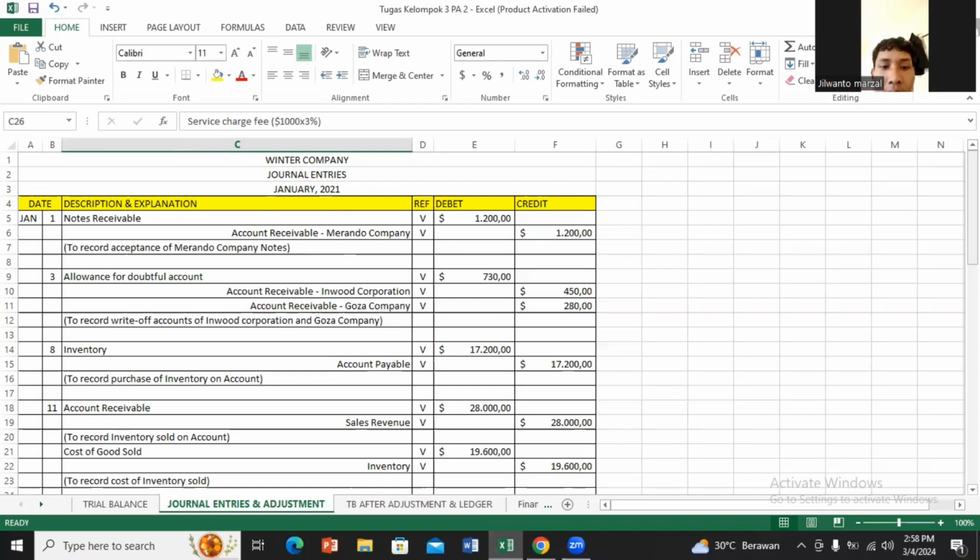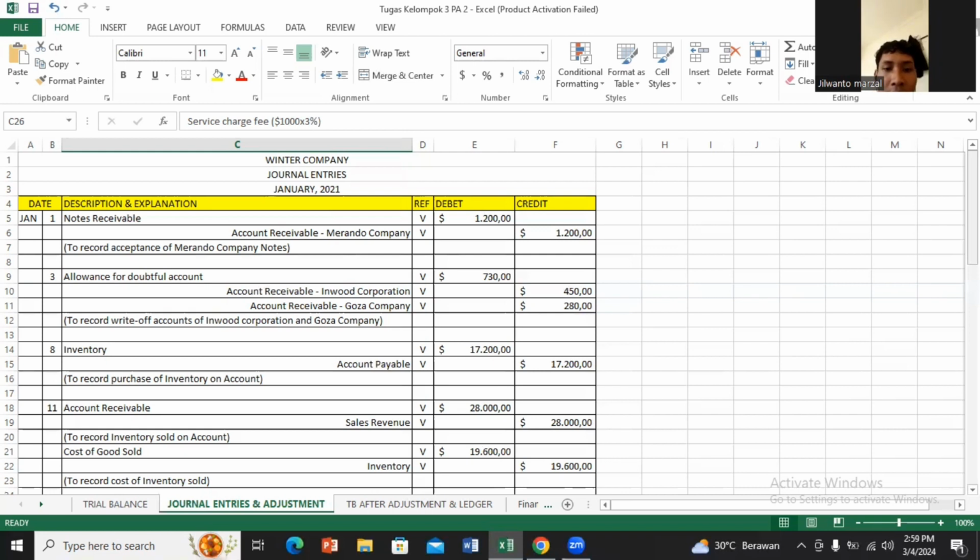Then on the 3rd of January, Winter wrote off as uncollectible the account of Inward Compression, $450, and Goes Company, $280. So the journal is allowance for doubtful accounts in debit $730, accounts receivable Inward Compression credit $450, and accounts receivable Goes Company credit $280.